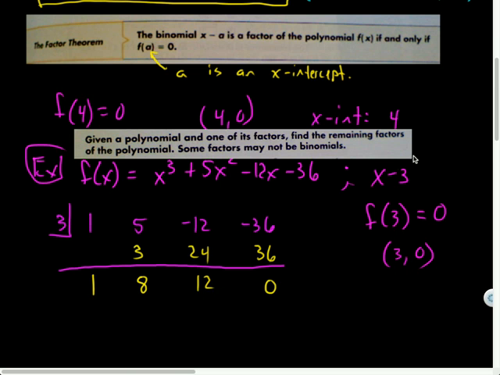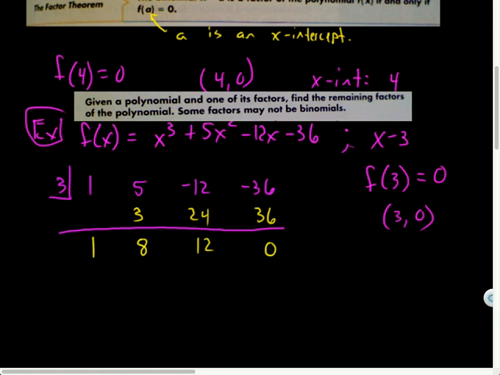And now I also have a depressed polynomial. I'm going to write this in a different color. My depressed polynomial I'll call g of x, and that will be the quotient. All right, so x squared plus 8x plus 12 is my depressed polynomial. I'll throw the name up above it there too.